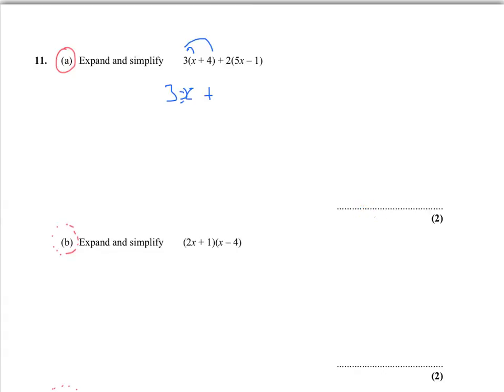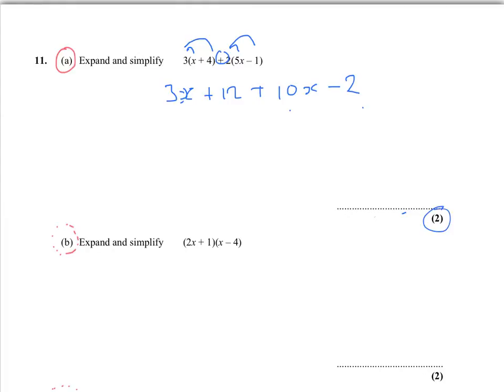Here we go. Plus 12. Then we've got 2 times 5x, which is 2 times 5 is 10 times x. And then 2 times minus 1 is minus 2. And then we've got a plus sign here, so we've got 3x plus 12 plus 10x minus 2. That's got us so far to 1 mark out of 2.